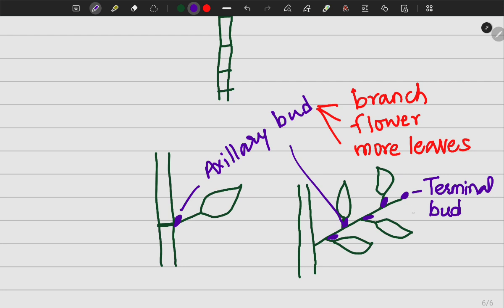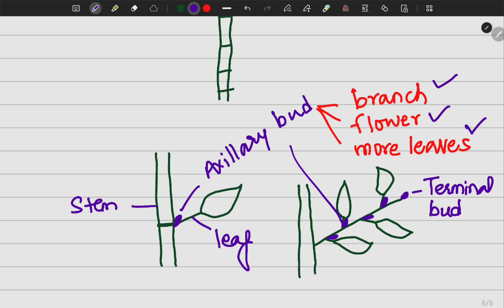Terminal bud will be found at the apex of the stem, which is responsible for the vertical growth of the stem, and axillary bud will be found at the axil of the leaf. Axil is the angle between the stem and the leaf. Therefore, it is called axillary bud. An axillary bud may grow into a branch, a flower, or more leaves.